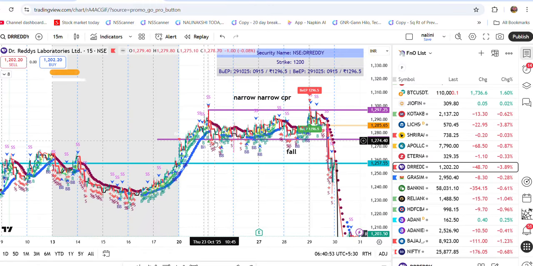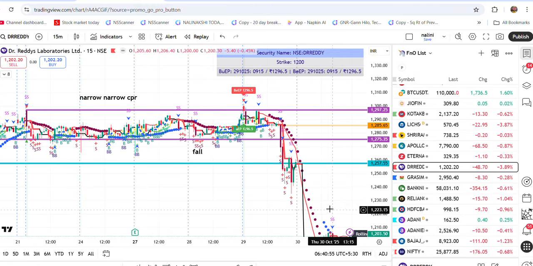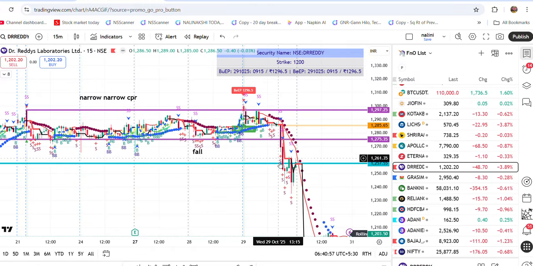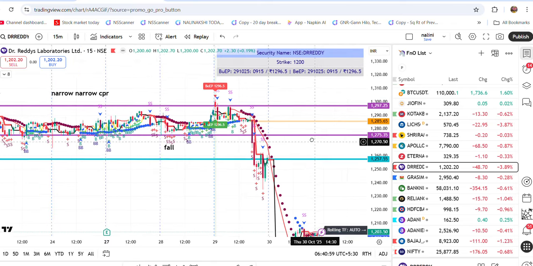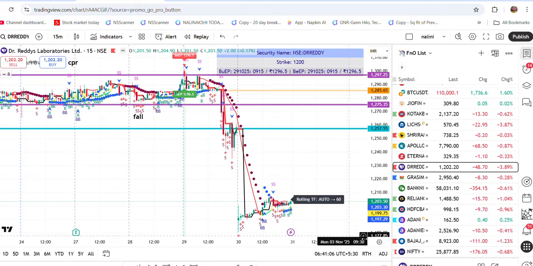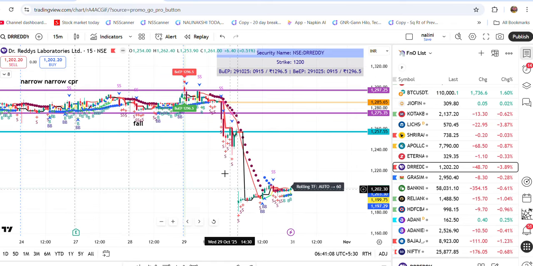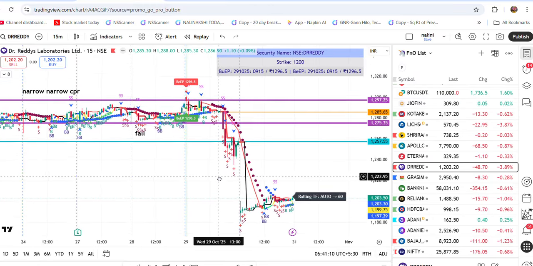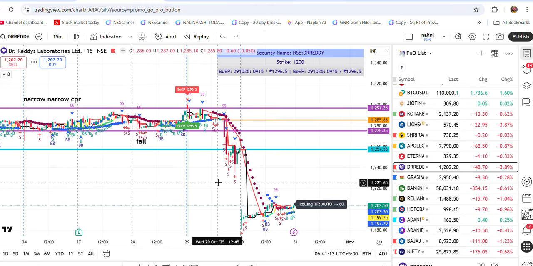You have already marked the episodic pivot, and the same day it has fallen below this. You could have comfortably held this position, put option in your favor, and it was a huge gap down. Like this, you can select the stocks.